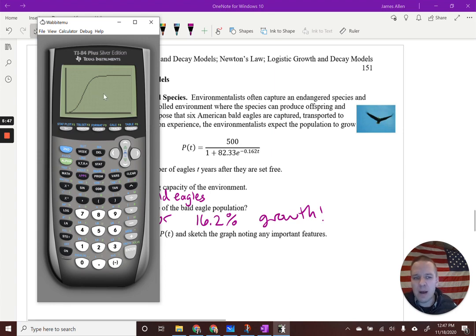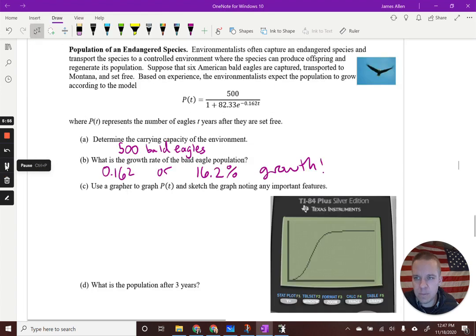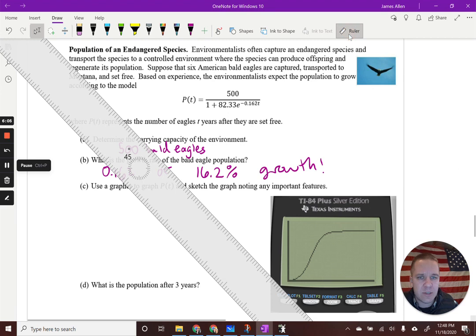Well, I'm going to go ahead and screenshot this and pop it into the presentation thingy. All right, so I've got my screenshot there so I can write on it. What are some important features here? Well, we have the carrying capacity, and I'll actually bust out a ruler real quick, keep it nice and straight.